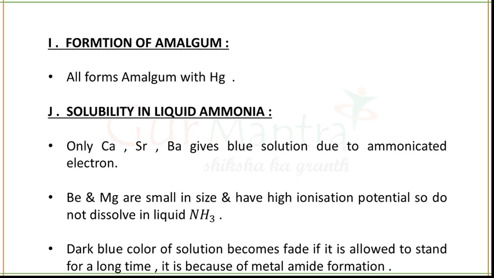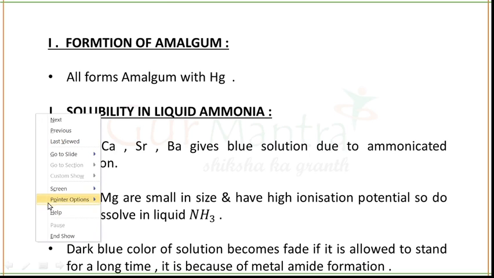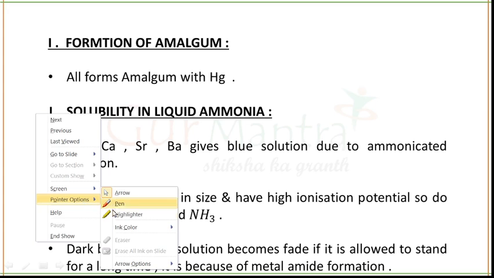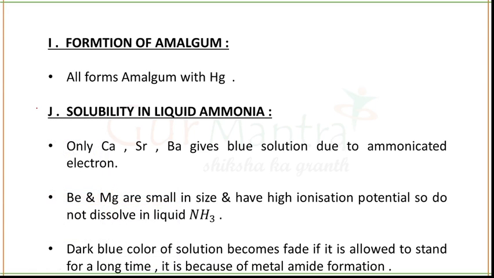This is the most important point in both group 1 and group 2, the solubility in liquid ammonia. You have to remember the colors of the solutions. As you have seen here, the dark blue color of the solution fades when you leave this solution for a long time, and the reason is metal amide formation.